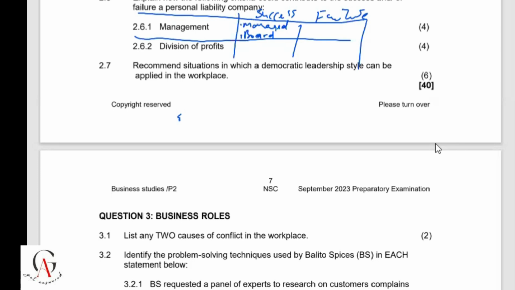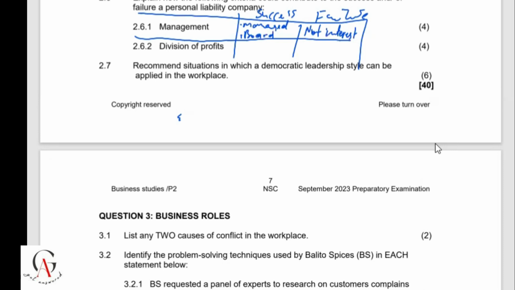And also, when it comes to the failure of it, directors may not have a direct interest in the company, which can hamper growth and profit maximization. So now it means if they don't have any interest, that is going to block the growth of the business. Okay, right.